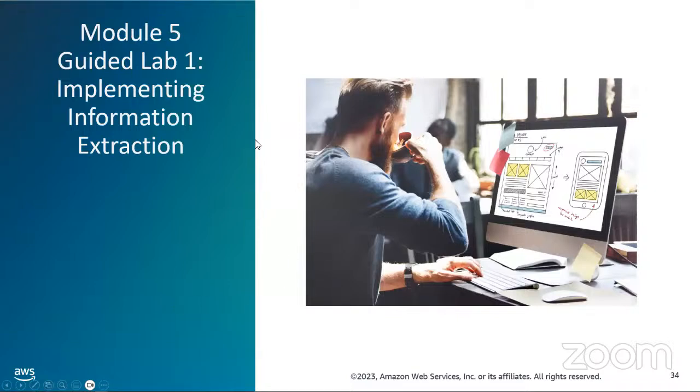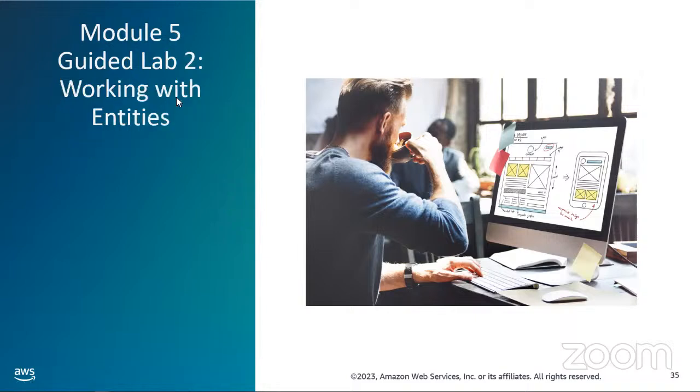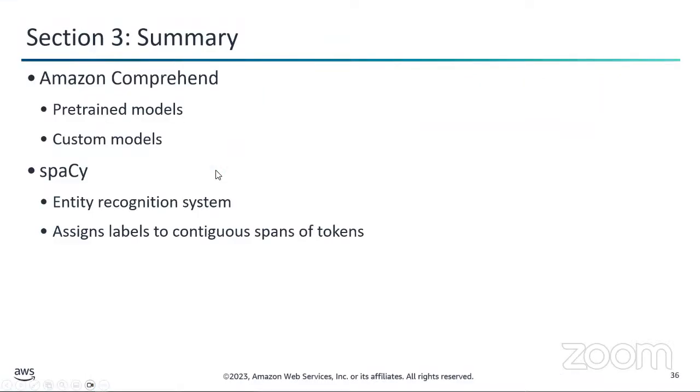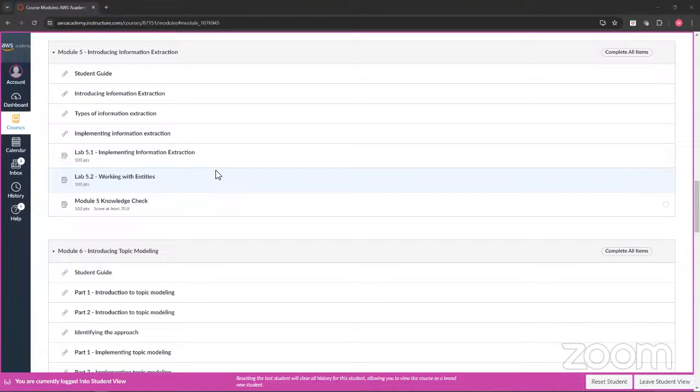Okay, so in this module, they give you some labs on how you can do it. It's almost time. There are two labs in this module. So let's go and see one of the labs. For example, what do they give you in the lab?